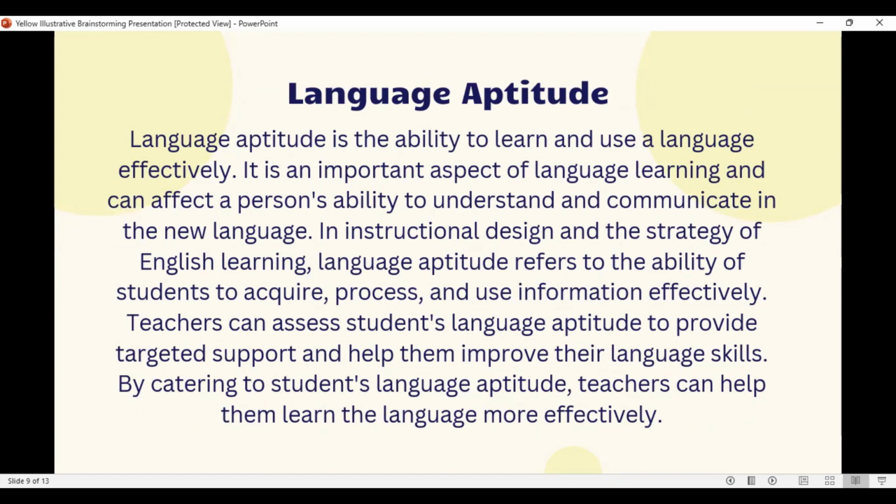In instructional design and the strategy of English learning, language aptitude refers to the ability of students to acquire, process, and use information effectively. Teachers can assess students' language aptitude to provide targeted support and help them improve their language skills. By catering to students' language aptitude, teachers can help them learn the language more effectively.